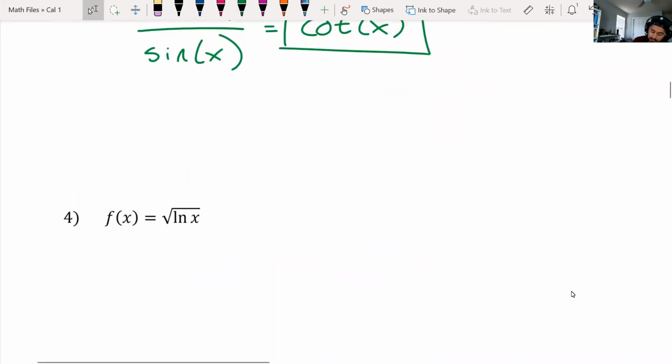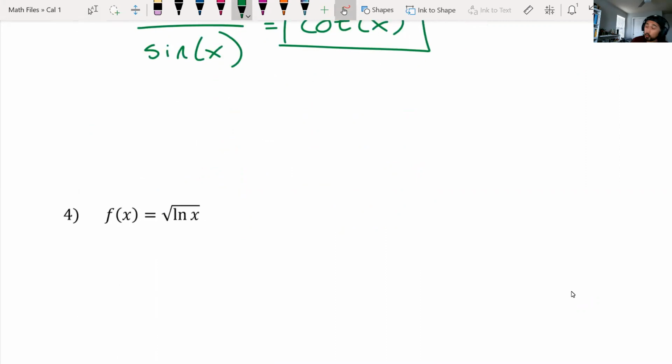Okay. Now we have the square root of the natural log of x. We know we can't take the derivative in this form, so we must rewrite this as the natural log of x to the 1/2, where we use the chain rule for the outside.